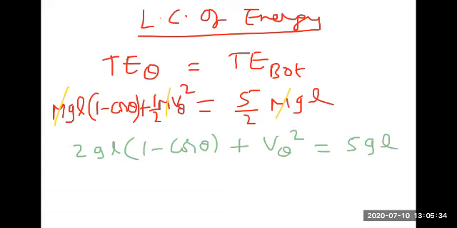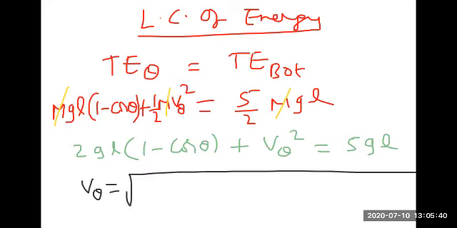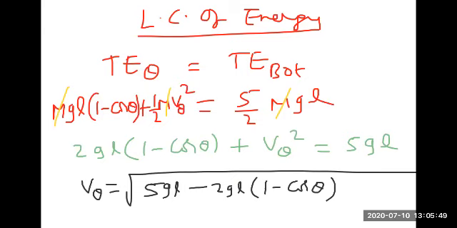So now I want v theta value. So v theta square, v theta is equal to, I can write now, square root of 5gl minus 2gl into 1 minus cos theta. So now let us expand that.